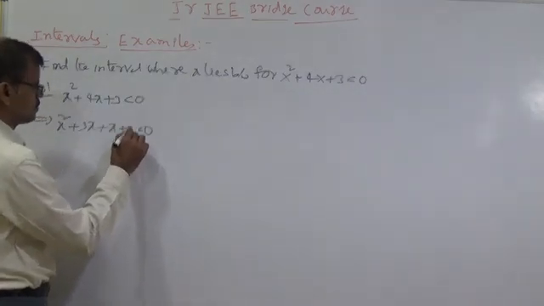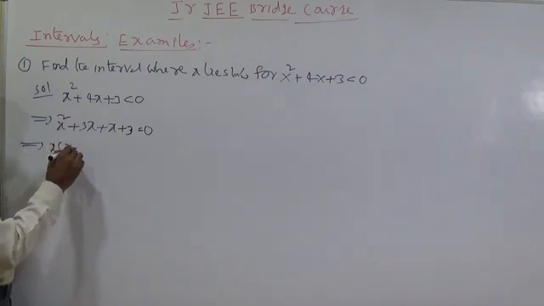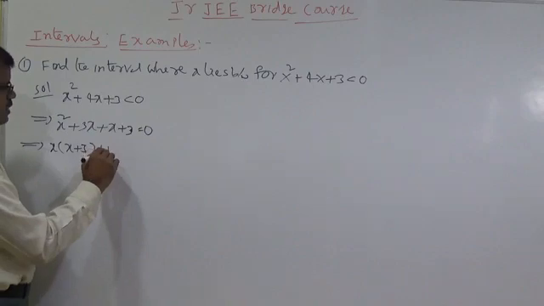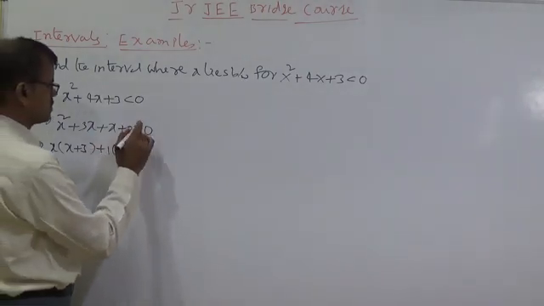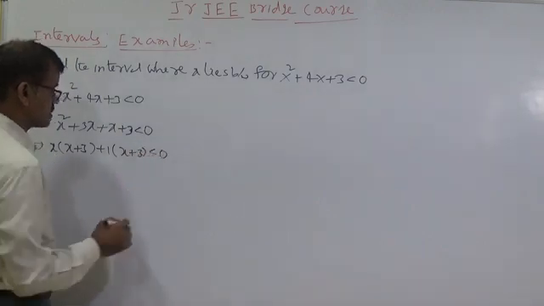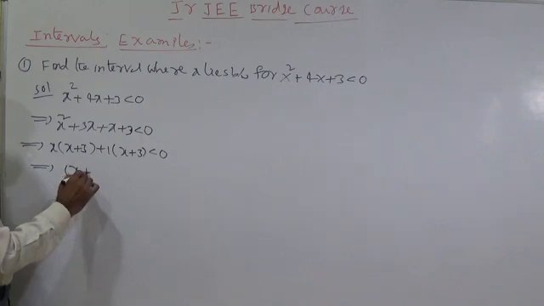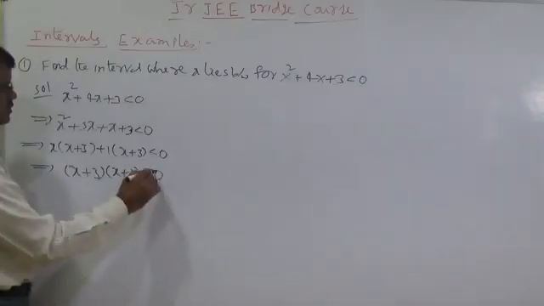That implies x taken common, it becomes x plus 3, plus 1 you can take common, x plus 3, less than 0. You should not write equal to 0. That implies you can write x plus 3 into x plus 1 less than 0.